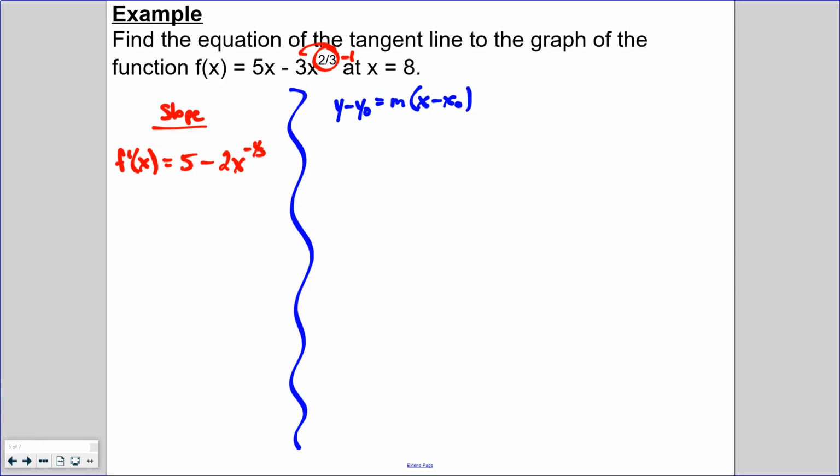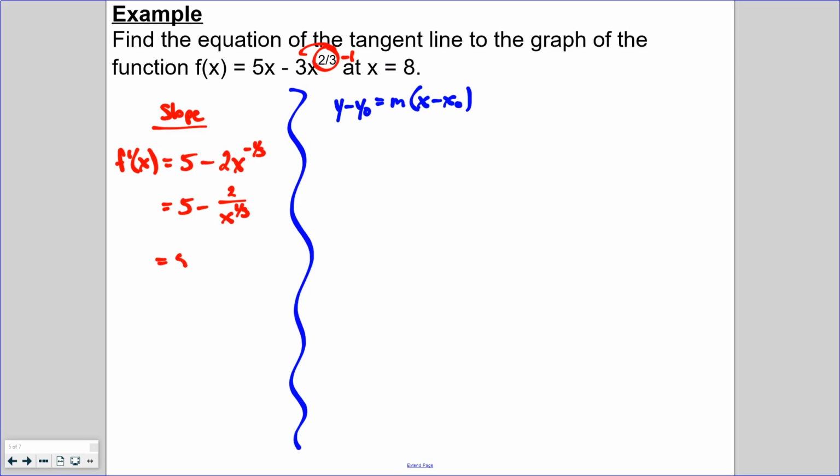Alright, so since we are eventually going to have to find the slope at x equals 8, we are going to want to first get rid of this negative exponent. So let's quickly rewrite this. This is going to be 5 minus 2 over x to the 1/3 power. And now when we do plug in 8, well, 8 to the 1/3 power is not very obvious.